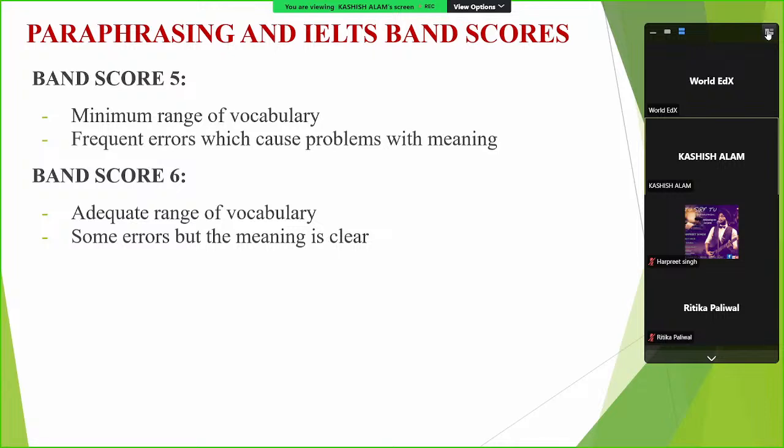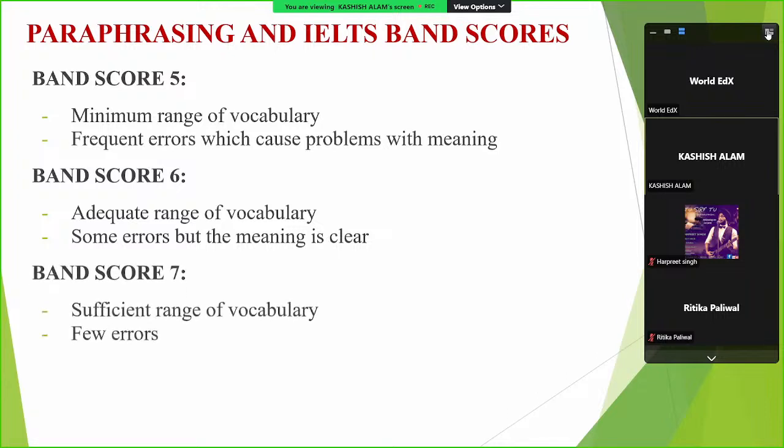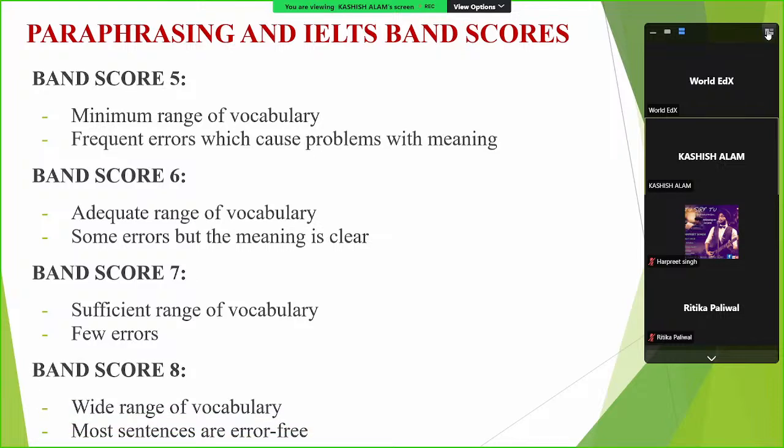It's giving you the original meaning. Band 7 says the student has used quite a good number of vocabulary. There are few errors, but the meaning remains the same. The same goes for band 8 as well.